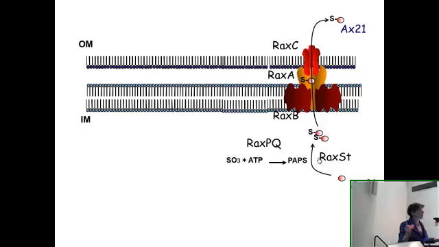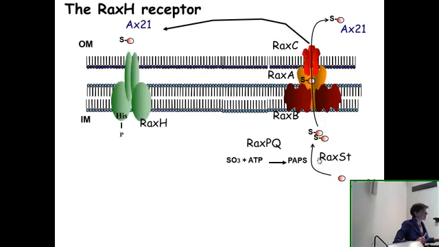But if AX21 is an important sensing factor, it must also interact with the bacterial receptor. And we've recently used genetic evidence to identify the candidate receptor, which we named RaxH. And RaxH is a histidine kinase.